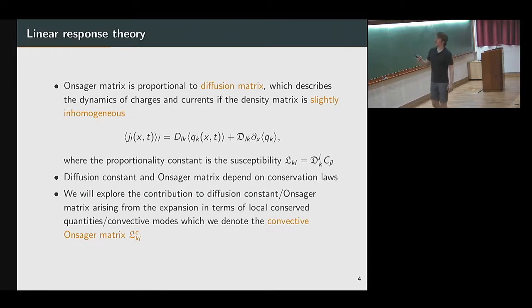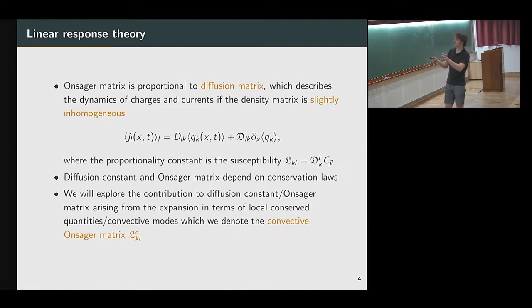So here is another interpretation of the Onsager matrix and Drude matrix. In particular, if we look at the expectation value of the current in a background which is slightly varying, we can expand it in a power series. The first term is just proportional to some conservation laws.